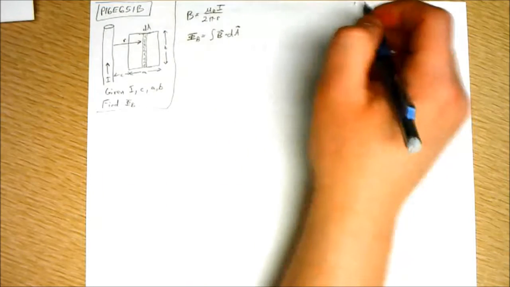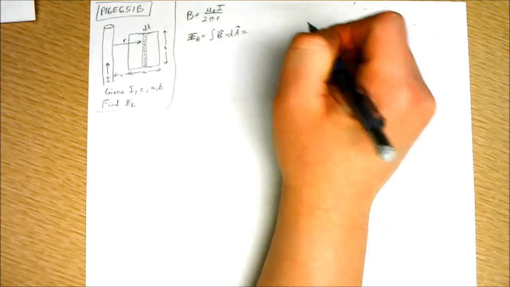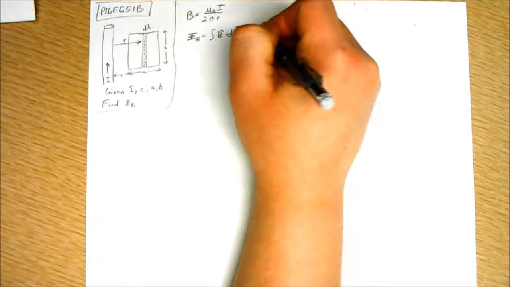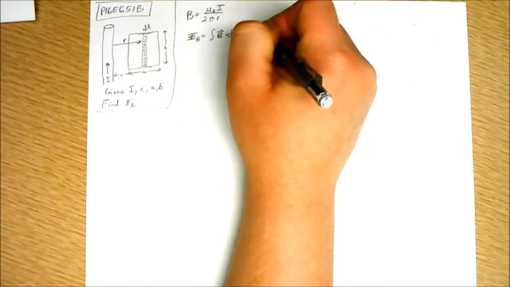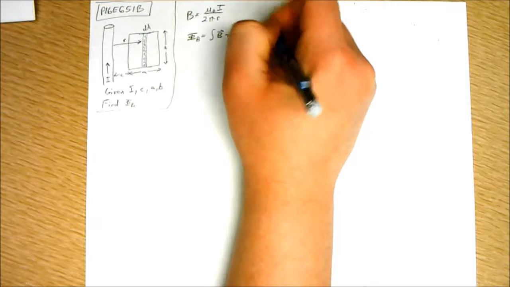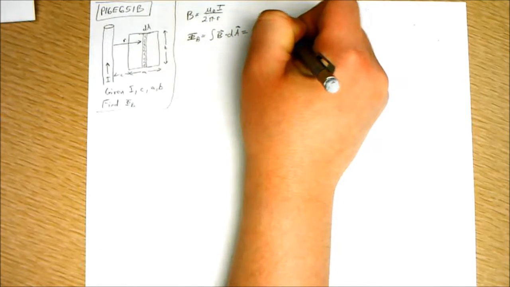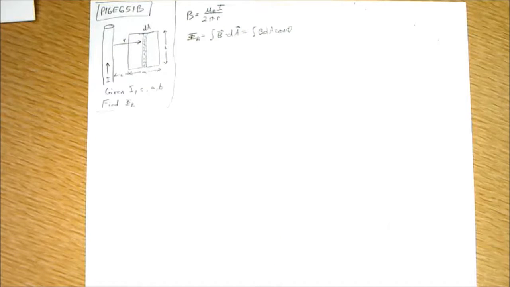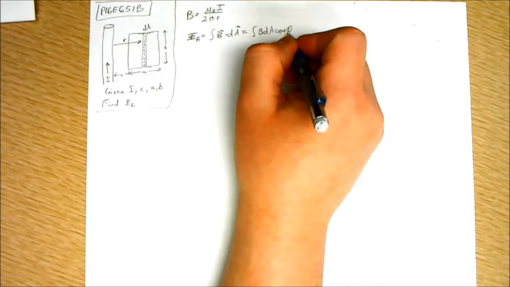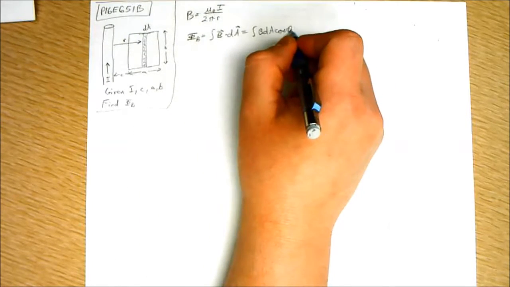So we can then proceed to say, well, we know the dot product is equal to B dA cosine of phi. I'm getting rid of the vector bars there because this cosine takes away the vector bars. But what is phi?